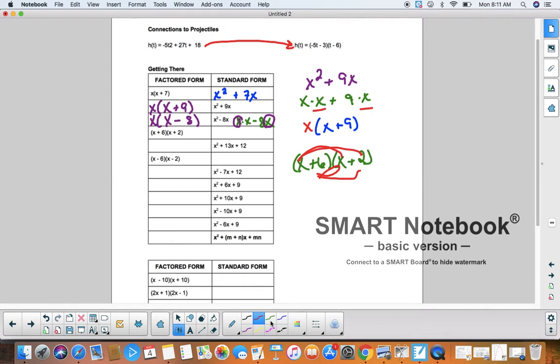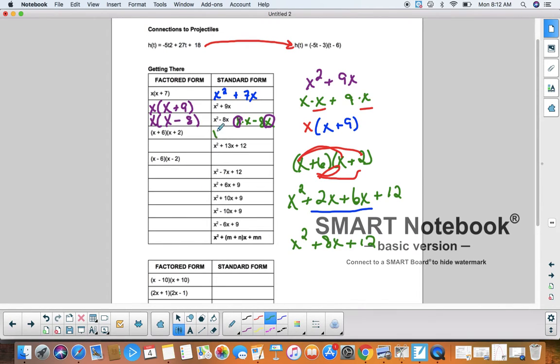And when we do those multiplications, we get x squared plus 2x plus 6x plus 12. Then we have a step here where we have to combine these two middle terms to get our 8x. So we have x squared plus 8x plus 12 as our final answer over here.